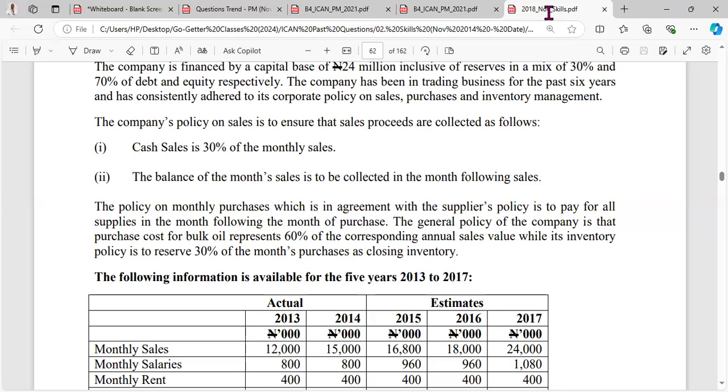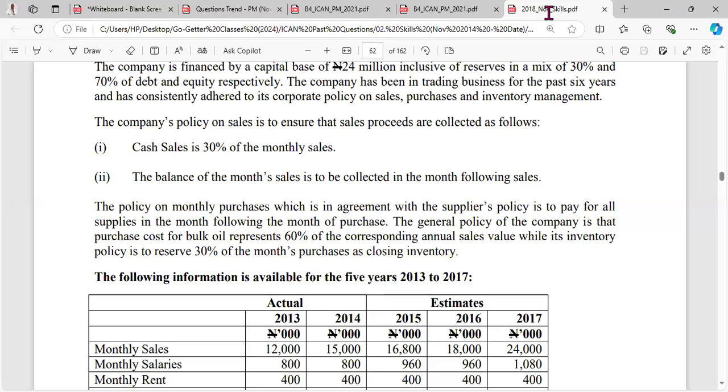December's sale is collected in January. So what it means here is the 70% of every year, January to November, is collected in the same year. So it means January sales is collected in February like that. November sales is collected in December.